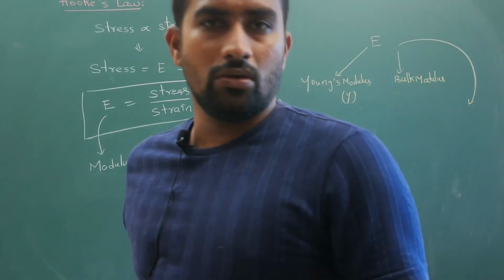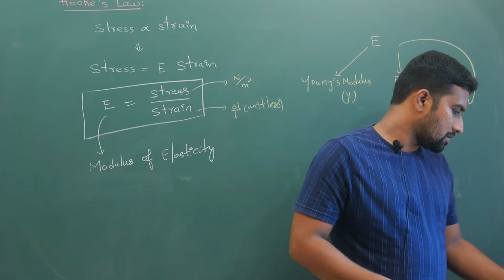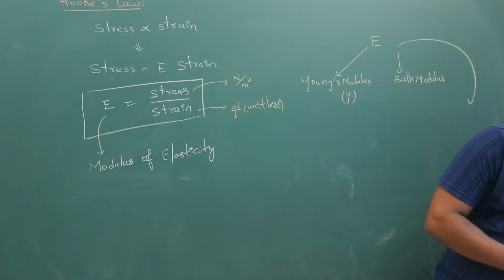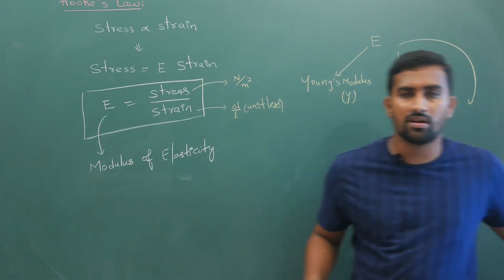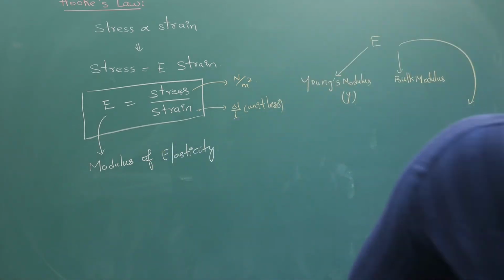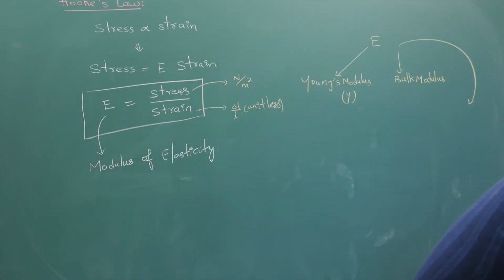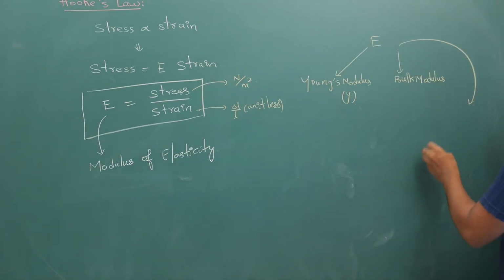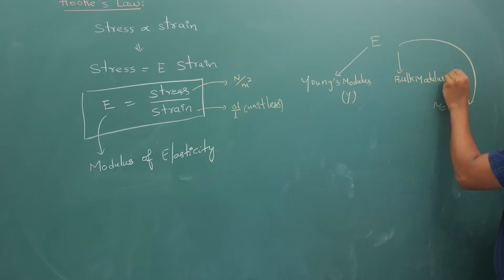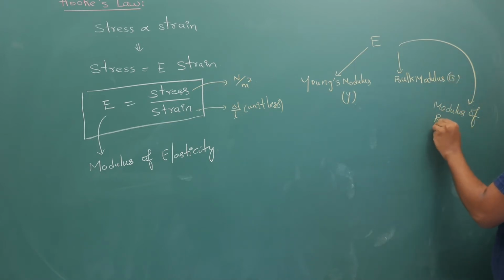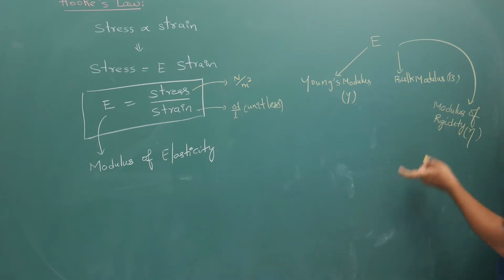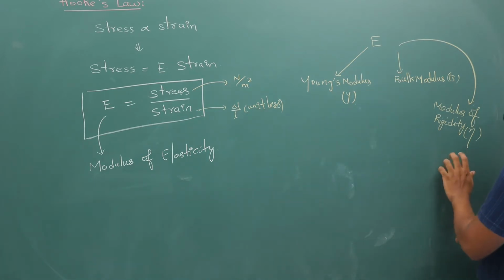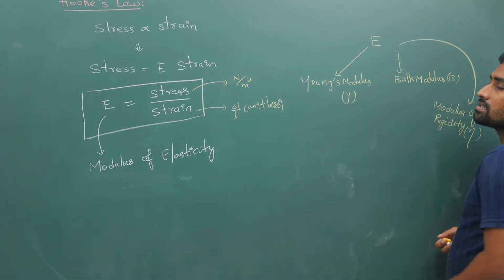Young's modulus, bulk modulus and one more modulus of elasticity, that is your modulus of rigidity. So now we are going to see each of these. This is modulus of rigidity, this is bulk modulus, this is Young's modulus.